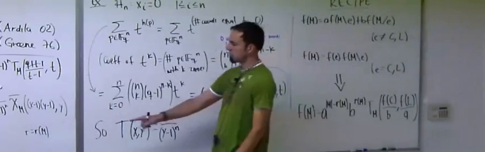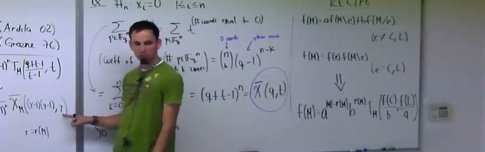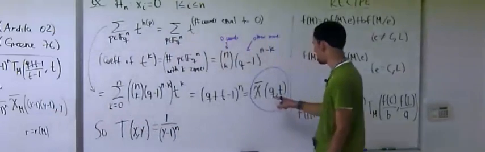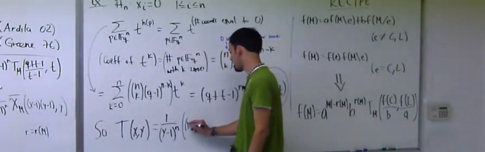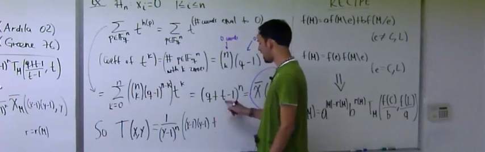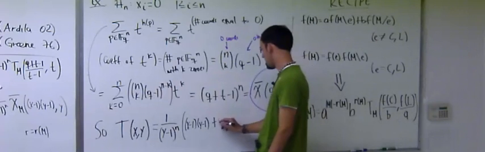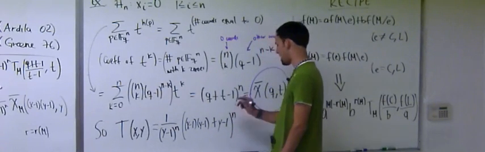And then I'm supposed to compute this polynomial, but plugging in this for q and y for t, minus 1 to the n.